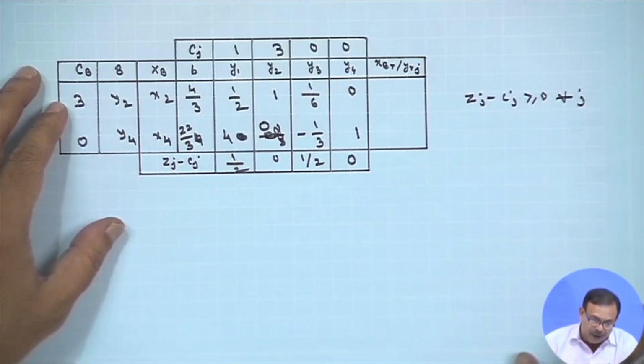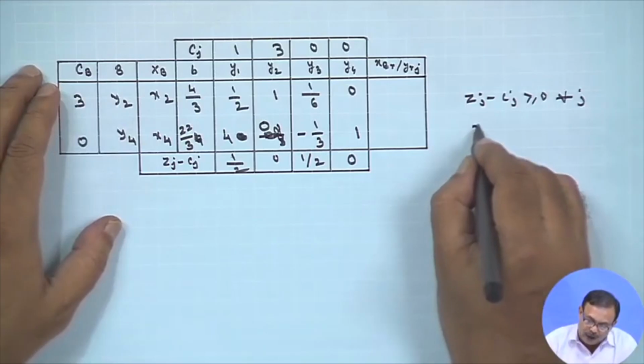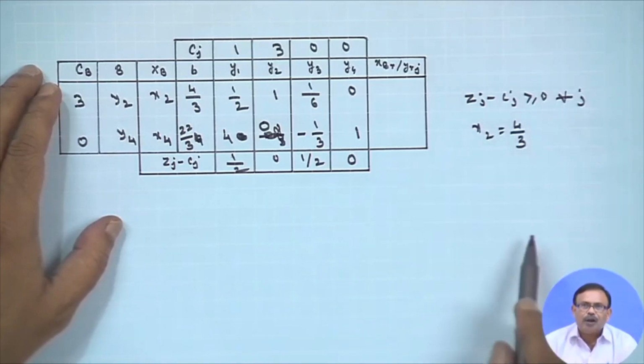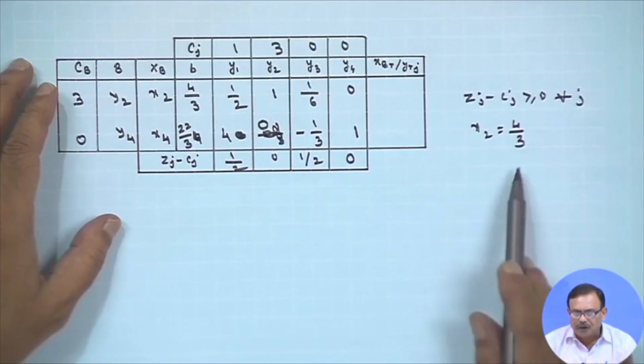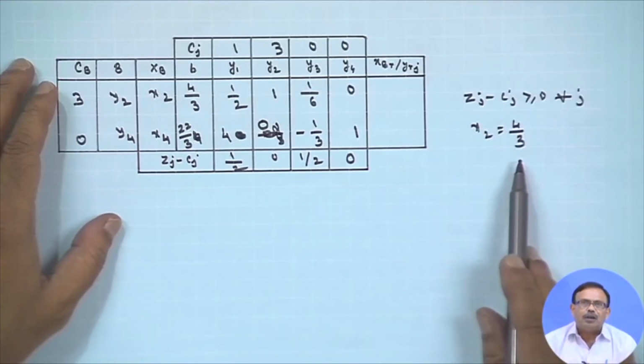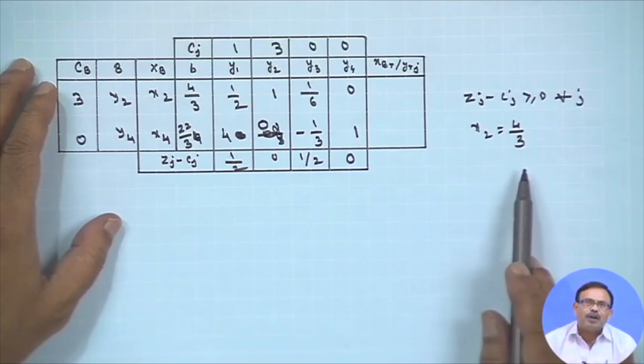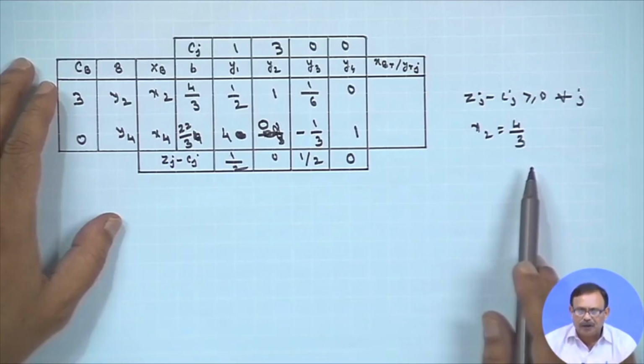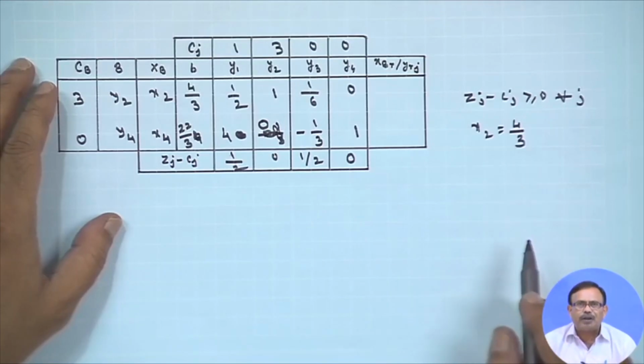But if you see here, your x2 value is 4 by 3, which is non-integer. Since this is non-integer, your feasibility condition is not satisfied. So, we have to check what to do next. What we will do in the next class is continue with this example.